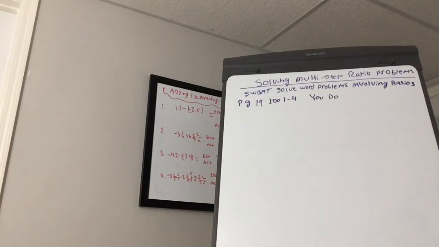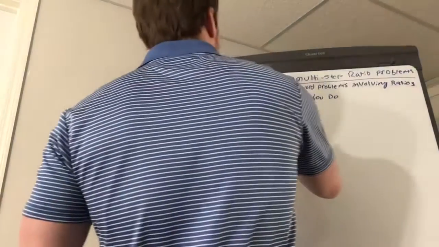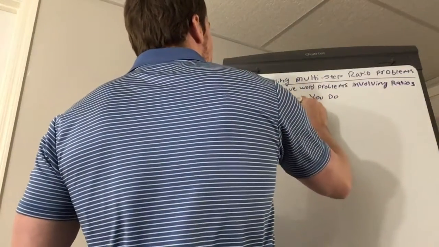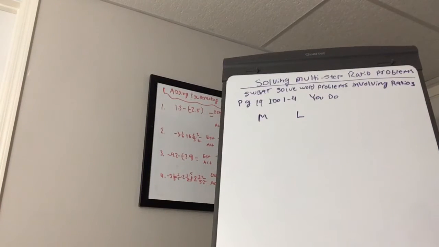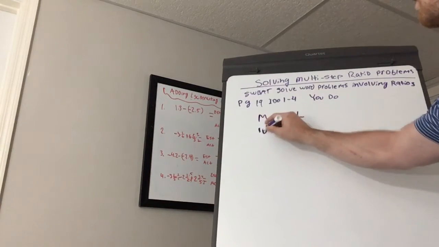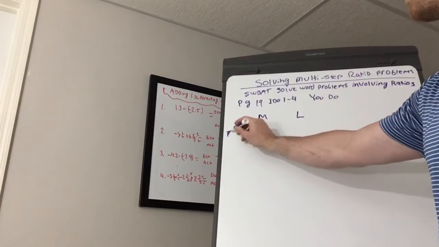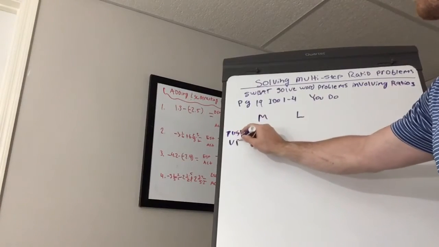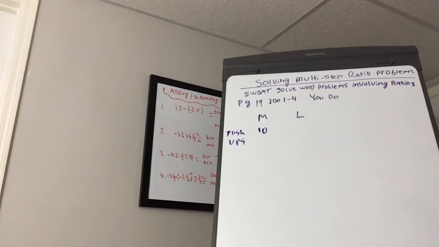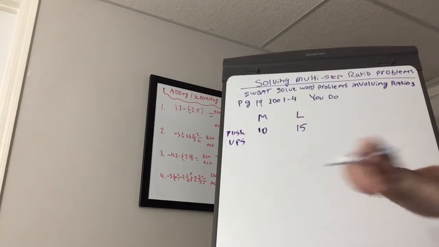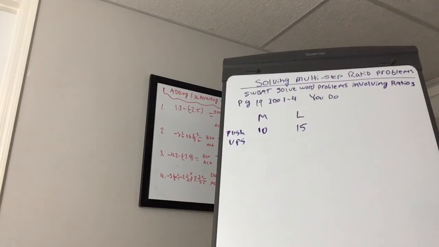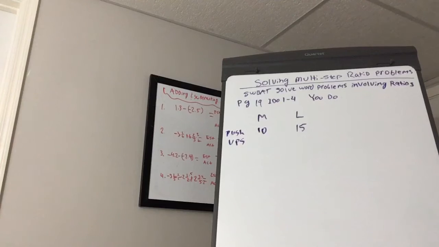We have M for Molly, L for Liza, and it says that Molly does 10, and we're talking about push-ups, and how much does Liza do during that time? 15. So when Molly does 40 push-ups, how many push-ups does Liza do?